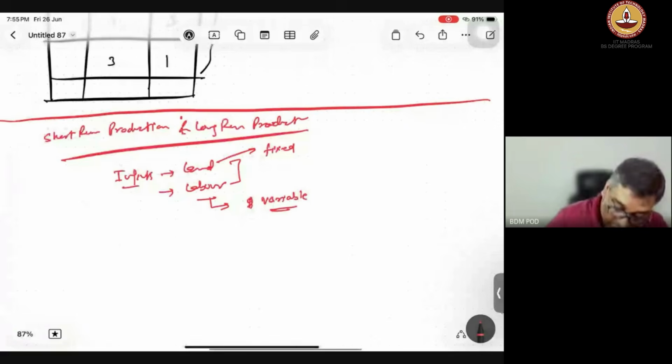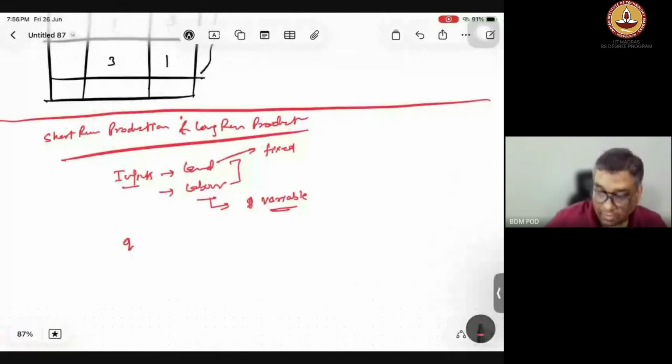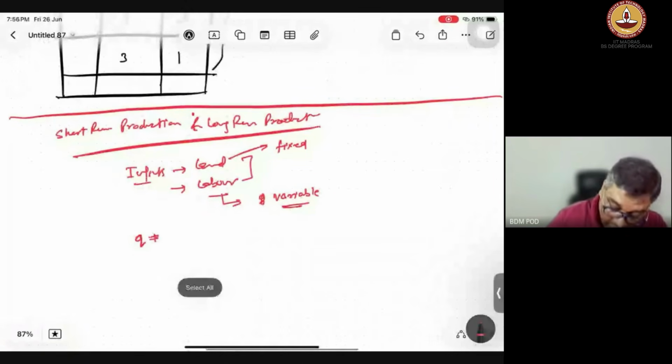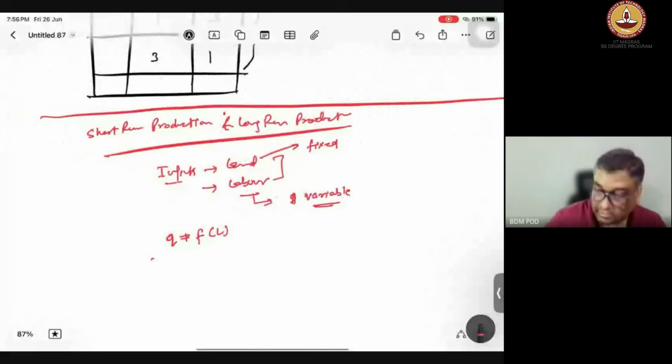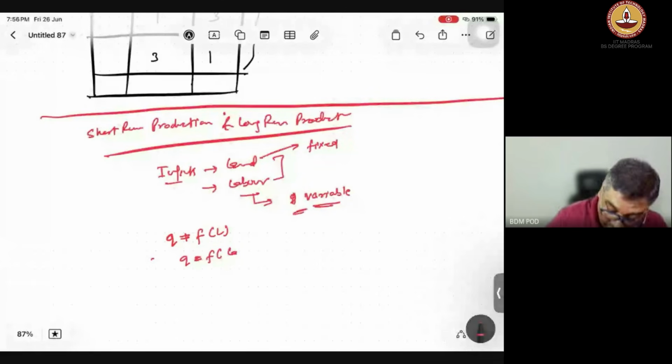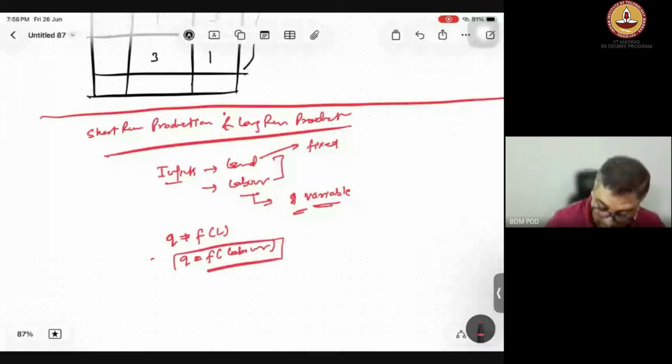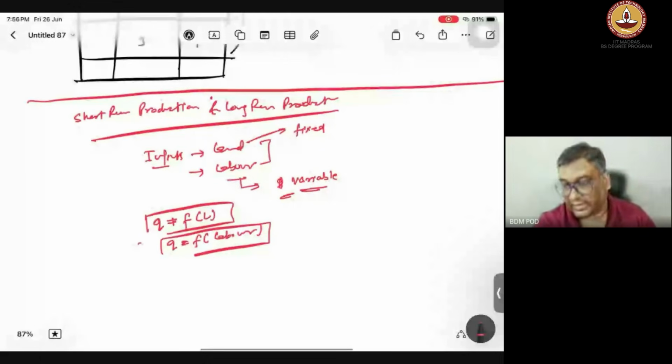If we calculate the quantity, for a short run, quantity is not a function of your land. Quantity fluctuation is only a function of your variable, that is labor, because we have fixed the land.